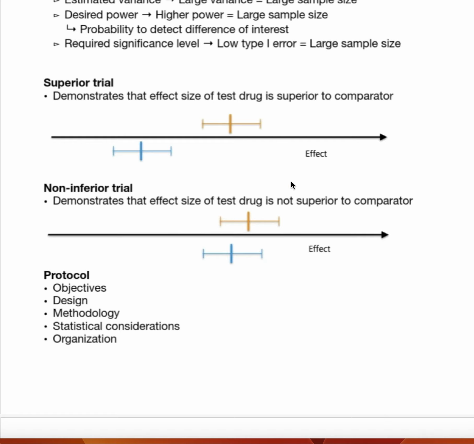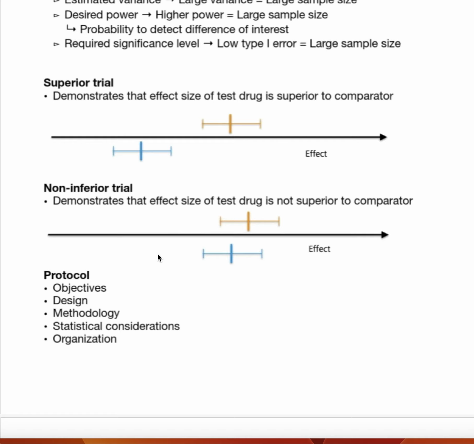Superior means the new or tested drug has more or better effect than the existing one, while non-inferior means the new drug is not superior to the past or existing drug. It's not worse, it's good, but it may have the same effect as the existing drug. That is the difference between the superior trial and the non-inferior trial.